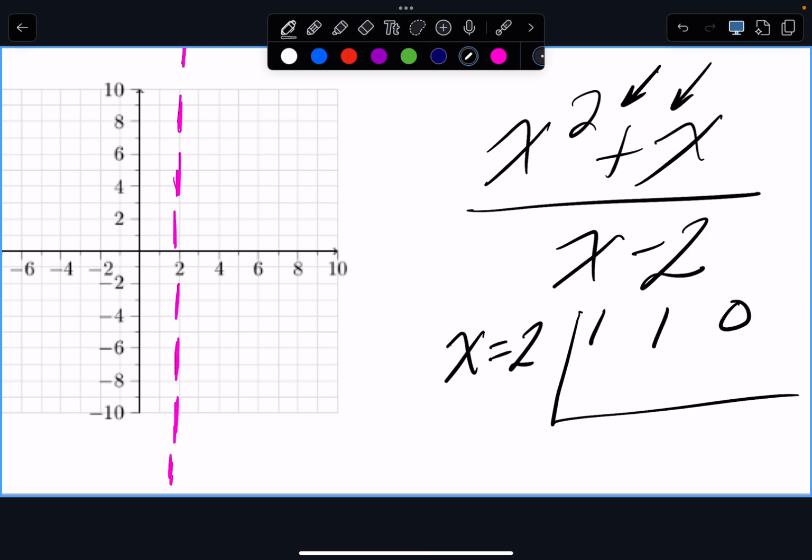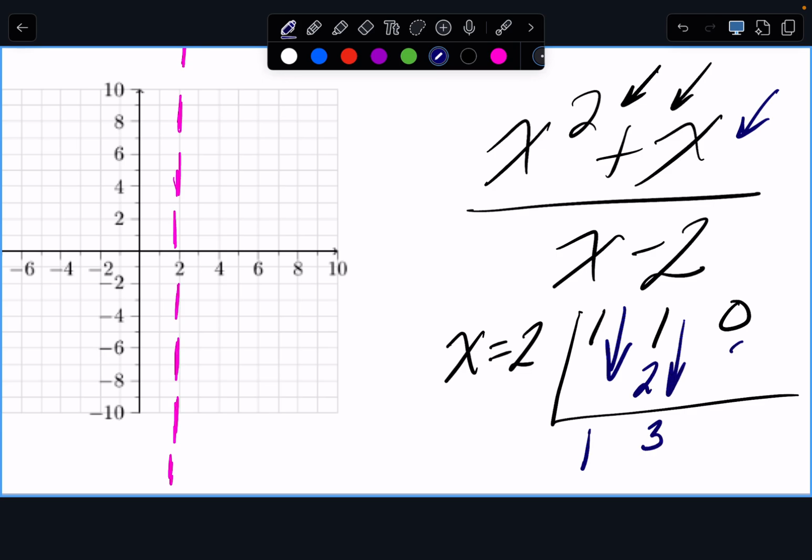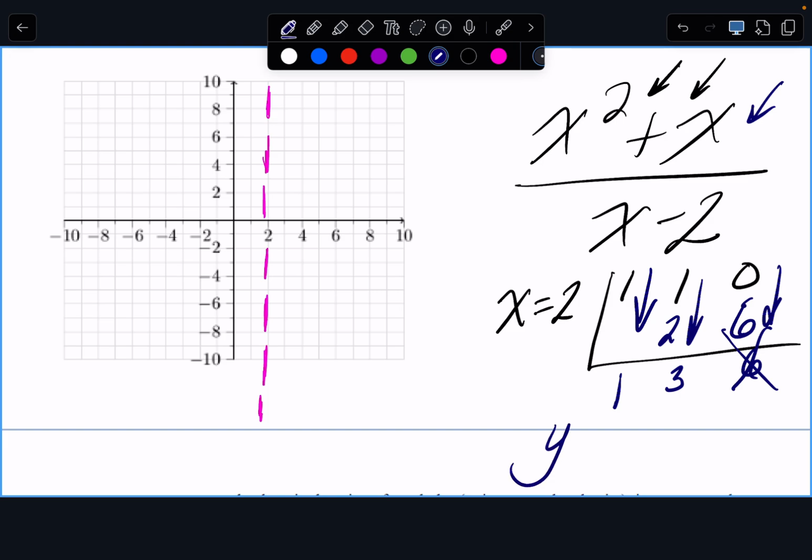No. Isn't it just 1, 1, 0? Because there's no constant and we fill in coefficients. We just got to make sure we have a coefficient for each piece, right? Add straight down, multiply up, add straight down, multiply up, add straight down. I don't need the final thing because that's the remainder. So y equals 1x plus 3 is our line.